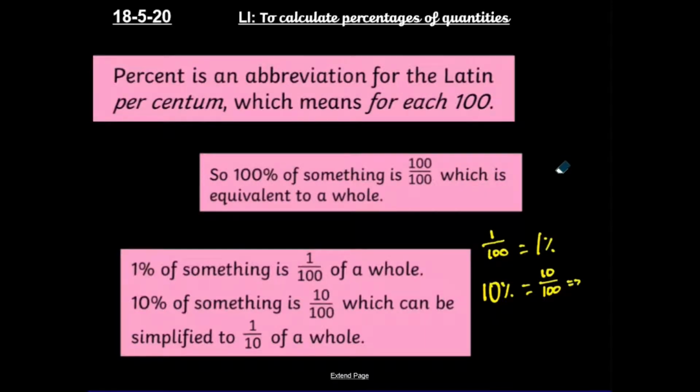Or even simpler, it is 1 over 10. So it's divided by 10 and times by 1. And it's really, really helpful to understand those number facts. Again, 50% is the same as 50 over 100, which you know is the same as 1 over 2. So therefore 50% is just a half of something. Okay, so it's really important that you can understand that to help you visualize this mathematics.